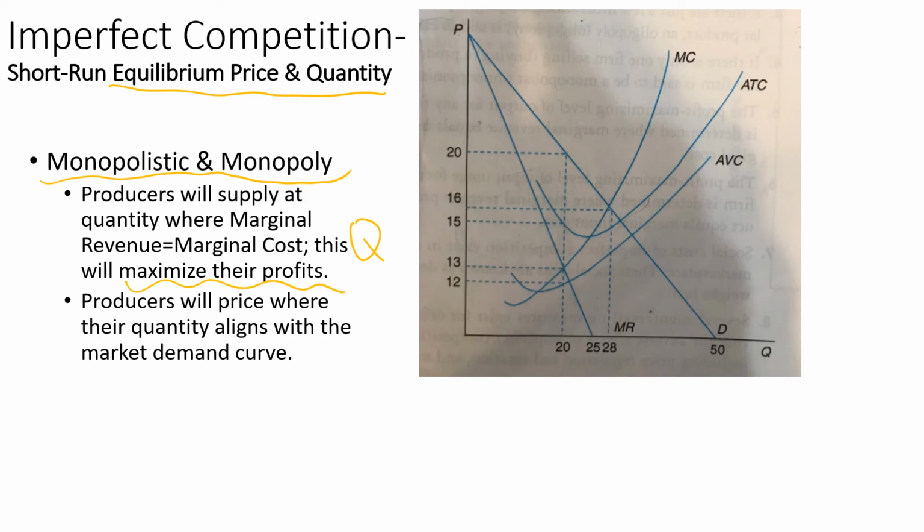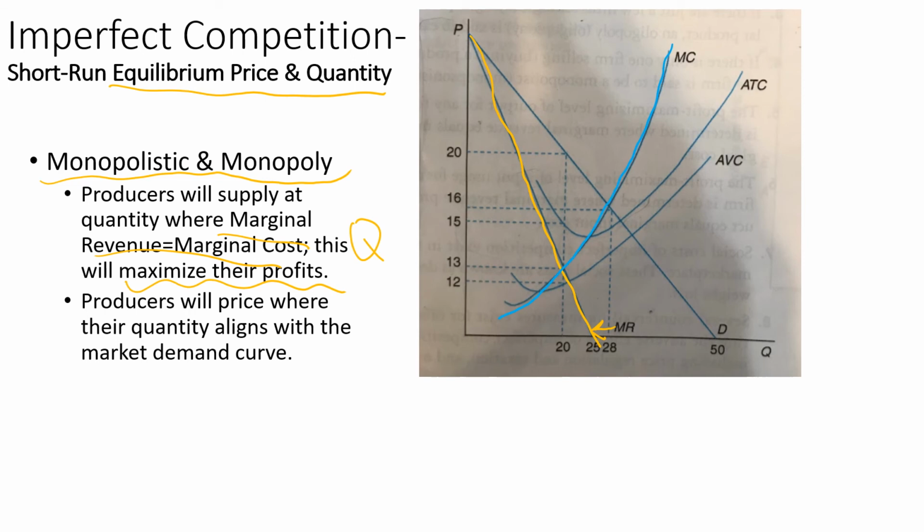Okay, so let's first find the point on this graph where marginal revenue equals marginal cost. It doesn't look like it, but marginal revenue is actually this slanted line here. Okay, so that's marginal revenue. Here's our marginal cost curve.